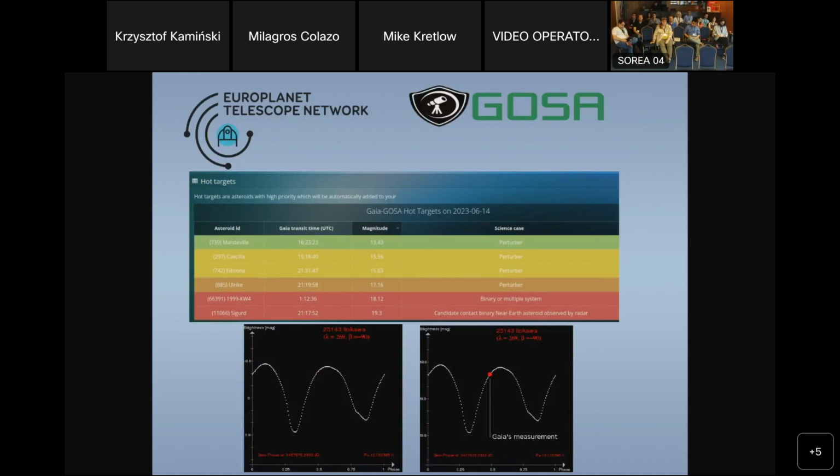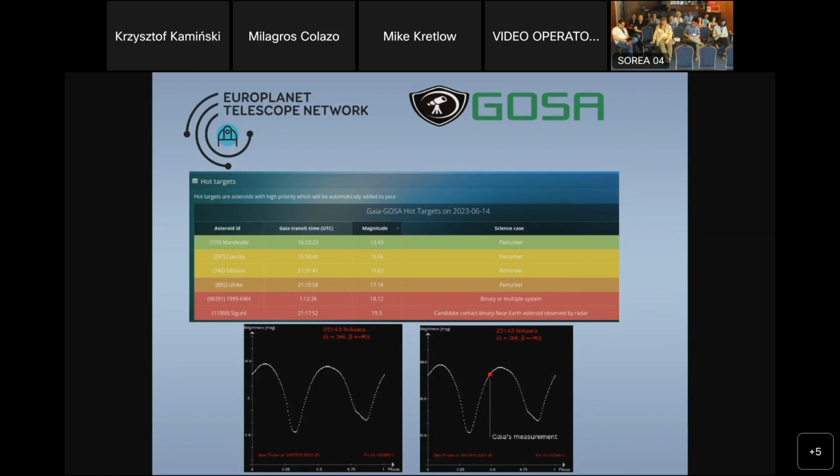The Gaia-Ground service was created in order to support the Gaia space mission. Thanks to contacts with people from the Gaia mission, we've got the predictions, and we show on the service which asteroid is currently observed or is going to be observed in the near future.